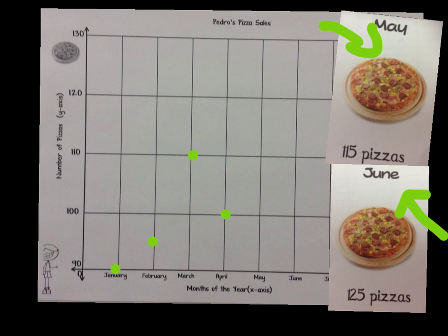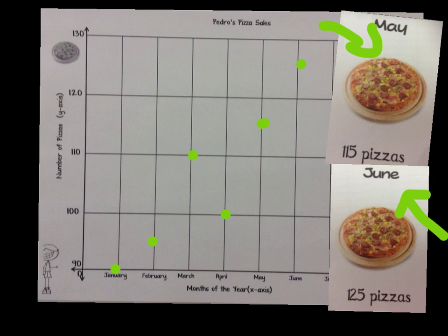May is at 115, so I'm going to find May, and I'm going to go up here. I know 115 is right in between 110 and 120. So I'm going to put that dot right in the middle. And then June is 125 pizzas. So I'm going to find 120, 125 right here.